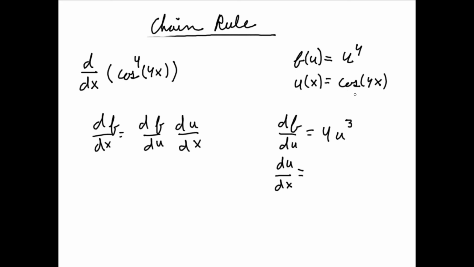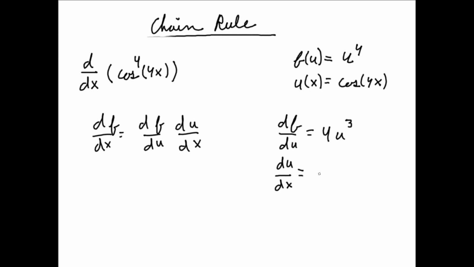That's actually not uncommon when using the chain rule: you might decompose the function into an outside and an inside function, and then you realize you can keep applying the chain rule to the inside function, and you just keep going until you get your final derivative. But in this case, we're just going to have to use the chain rule one more time. So here our outside function is going to be cosine, and then our inside function is the 4x.